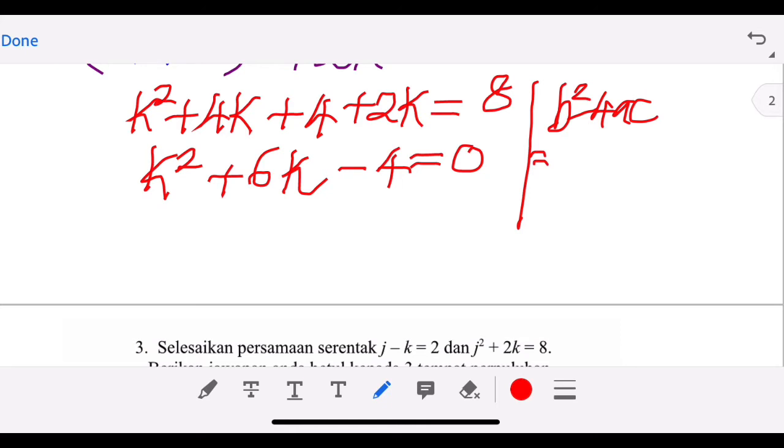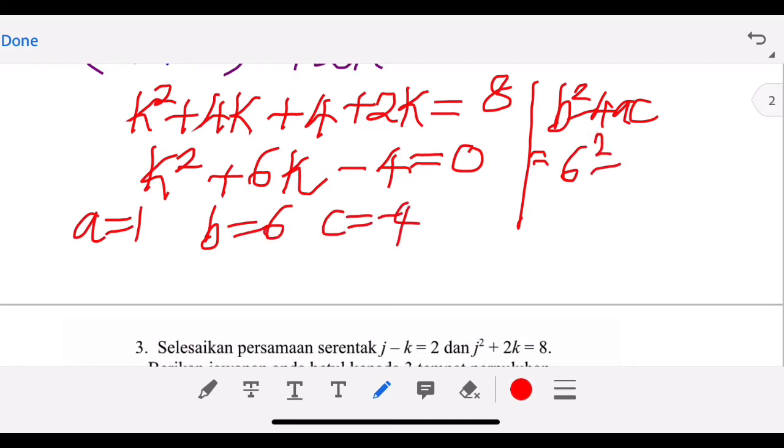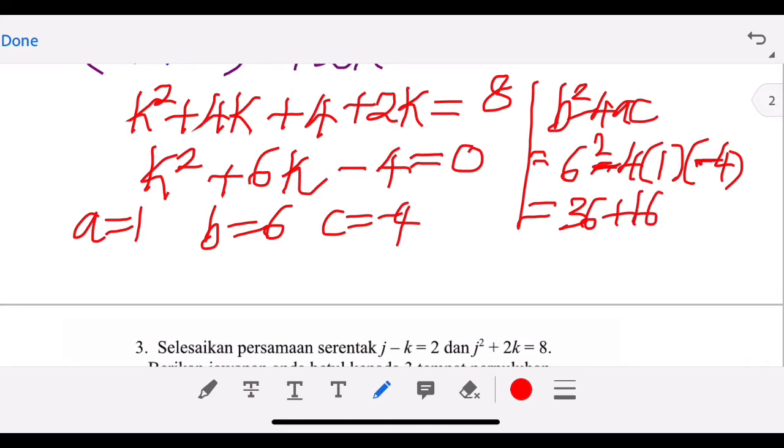You take b, which is 6. Your a is 1, b is 6, c is negative 4. So quickly you plug in 6 squared minus 4 times 1 times negative 4. You get 36 plus, because negative, negative is positive, 16. So you will get 52.